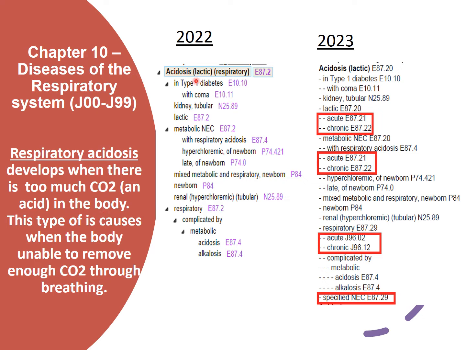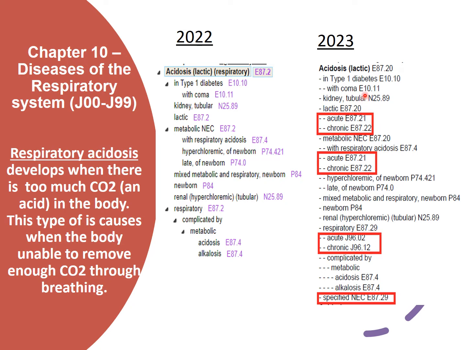So coming to 2022, if we go by the alphabetic index, for acidosis, either lactic, respiratory or metabolic acidosis, the code is E87.2. Whereas in 2023, it has been expanded as E87.20, 21, 22, 29.